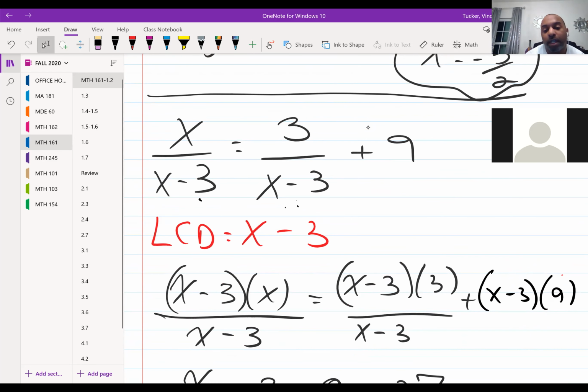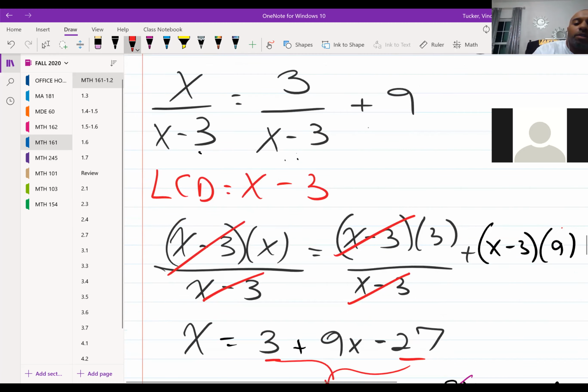So notice we have x minus 3 times x over x minus 3, x minus 3 times 3 over x minus 3, plus x minus 3 times 9.